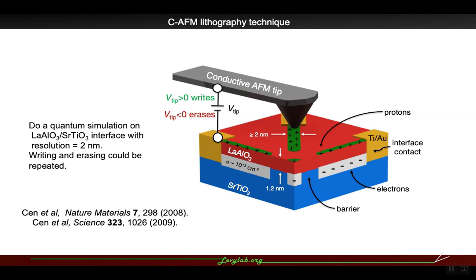And if we want to erase the conducting areas, we could apply a negative voltage. It's just the deprotonation, so it comes out as barriers. And these two steps can both be repeated.